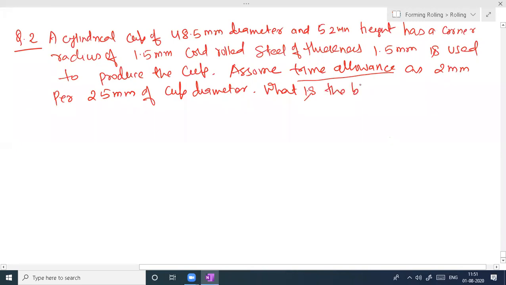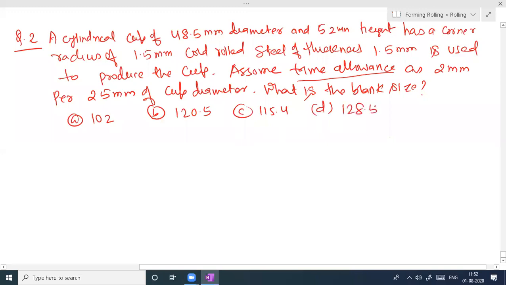A is 102, B 122.5, C 115.4, and D 128.5. So assuming trim allowance is 2 mm per 25 mm of diameter.